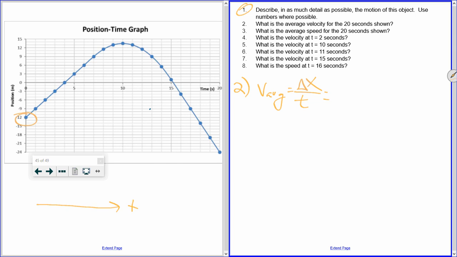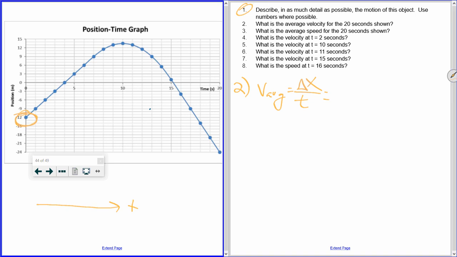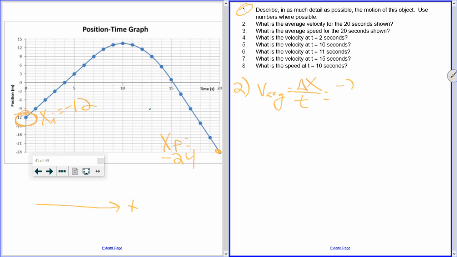For the 20 seconds shown, the position goes from negative 12 to a final position of negative 24. So negative 24 meters minus negative 12 meters over 20 seconds. My displacement is negative 12 meters, divided by 20 seconds.